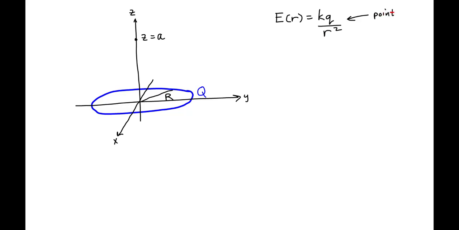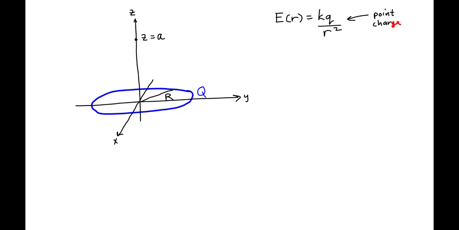The problem is this is only for point charges. A ring of charge isn't a point. This ring occupies 2 dimensions in space, and because of that, we can't directly apply this formula for a point charge to this ring of charge.